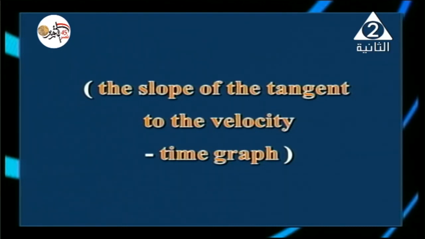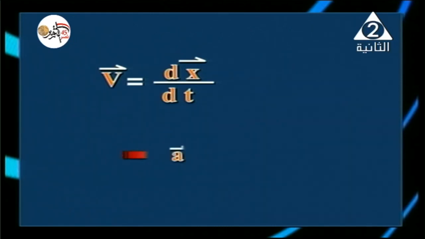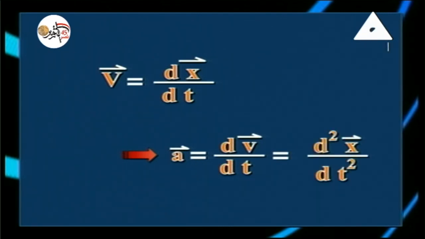The slope of the tangent of the velocity time graph is called acceleration. v vector equals dx vector over dt. Therefore acceleration a equals dv over dt or d2x vector over dt square. What do you mean by d2? We find the first derivative and then the second derivative of the position vector x with respect to the time t.